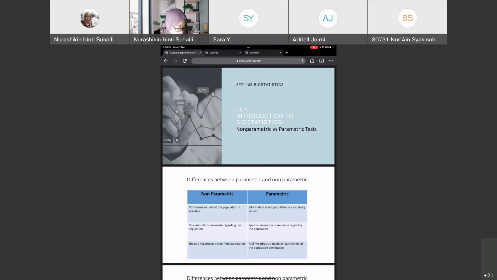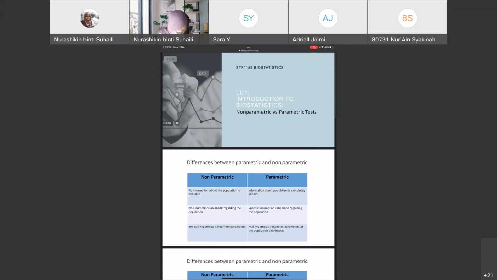So what is the difference between non-parametric and parametric data? It's mentioned over here. Non-parametric means that there is no information or less information about the population. When we have no information about the population, we cannot make much assumption, or even any assumption at all about the population. If you have no information about something, of course you cannot assume anything.